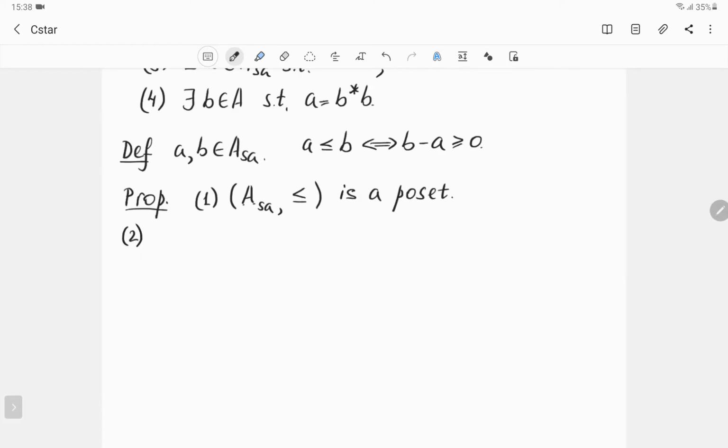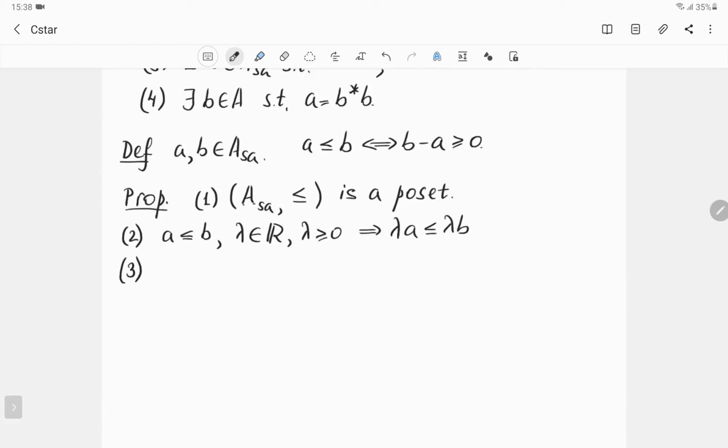Property 2, if A is less than or equal to B, and lambda is a non-negative real number, then lambda A is less than or equal to lambda B. So the order relation is compatible with multiplication by non-negative numbers.